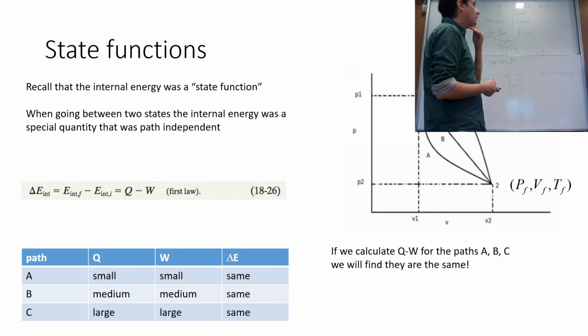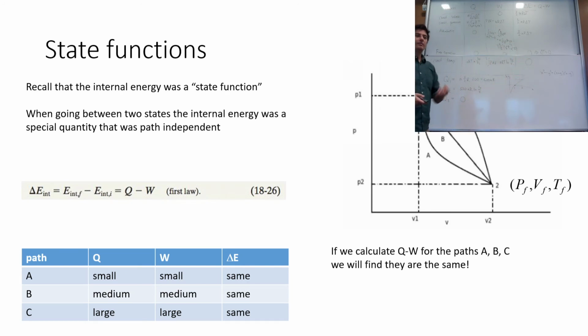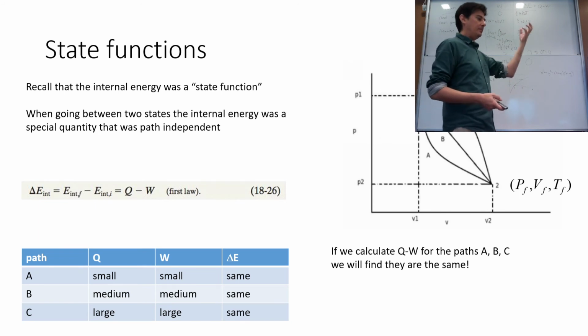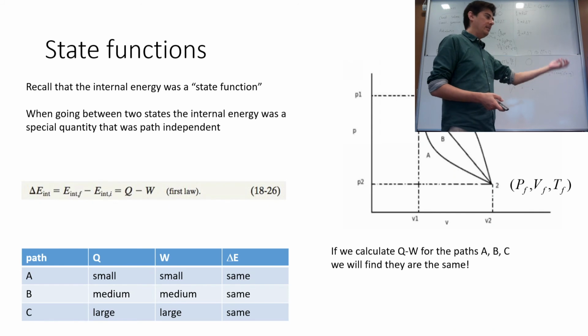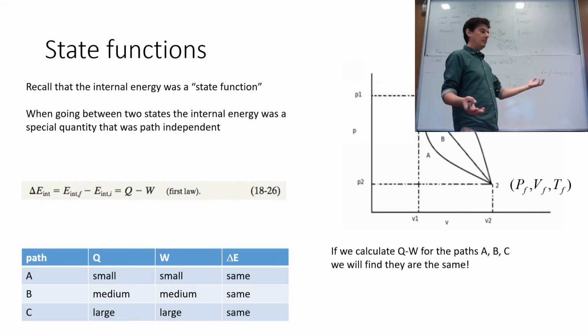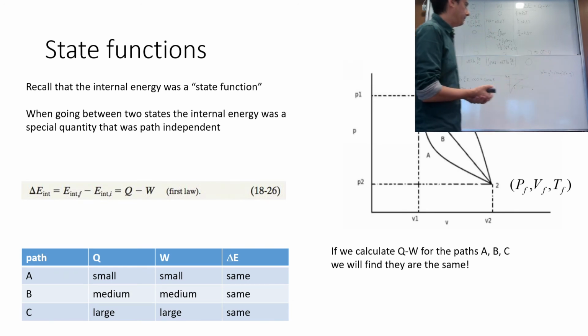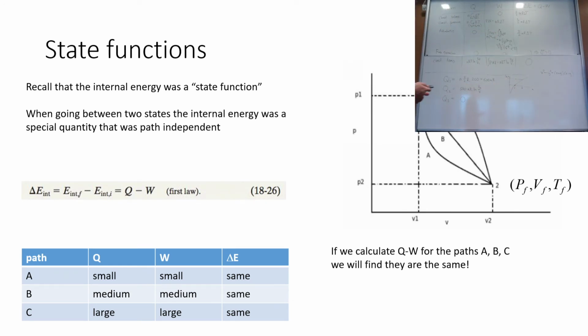This was something intrinsic to the initial and final state. It didn't depend upon the path because there's some intrinsic property of the gas at the beginning and some property at the end, and it doesn't matter how you got from point A to B. If you calculate the change in that, you will always get the same answer. That was the interesting observation of the first law.